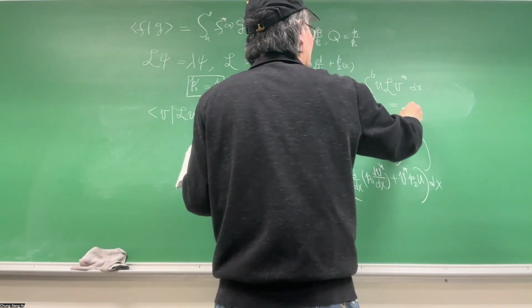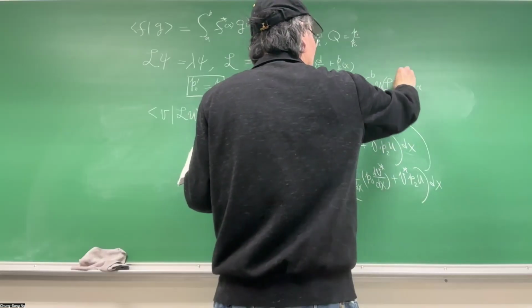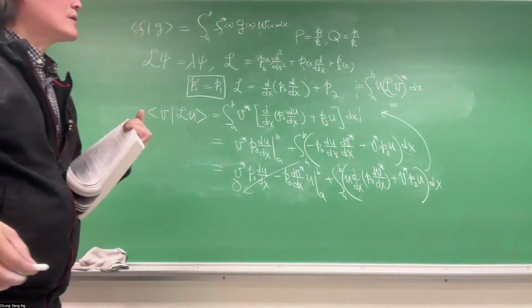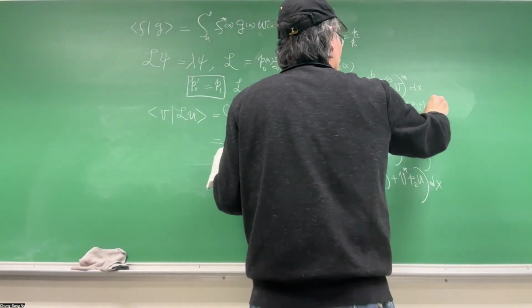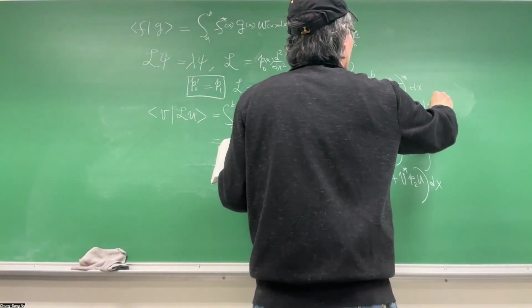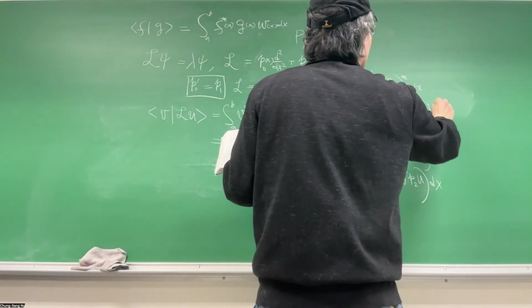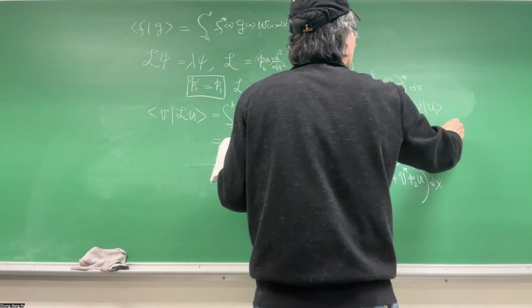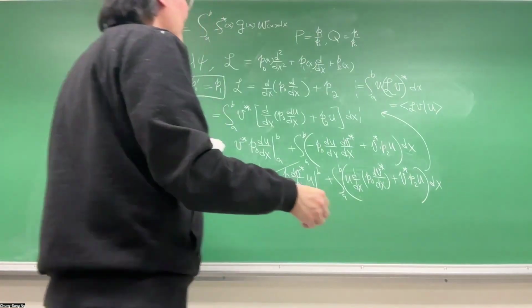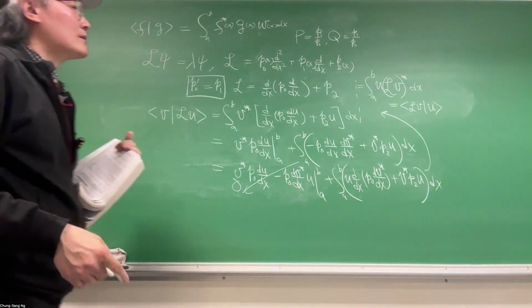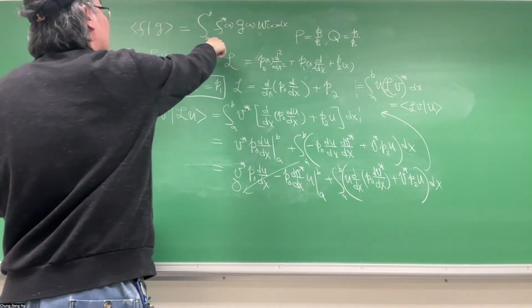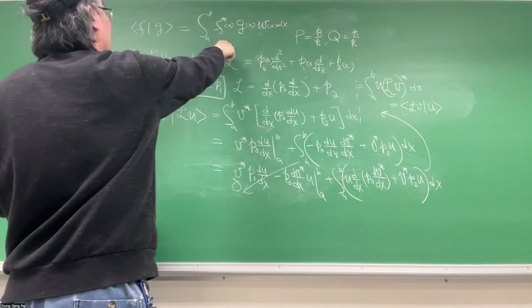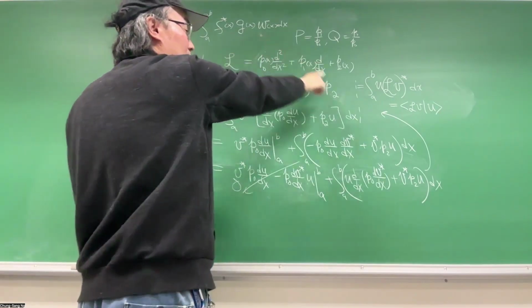And this is complex conjugate, and that is just L u, v. Okay? So that is just using our definition of scalar product with weight W.